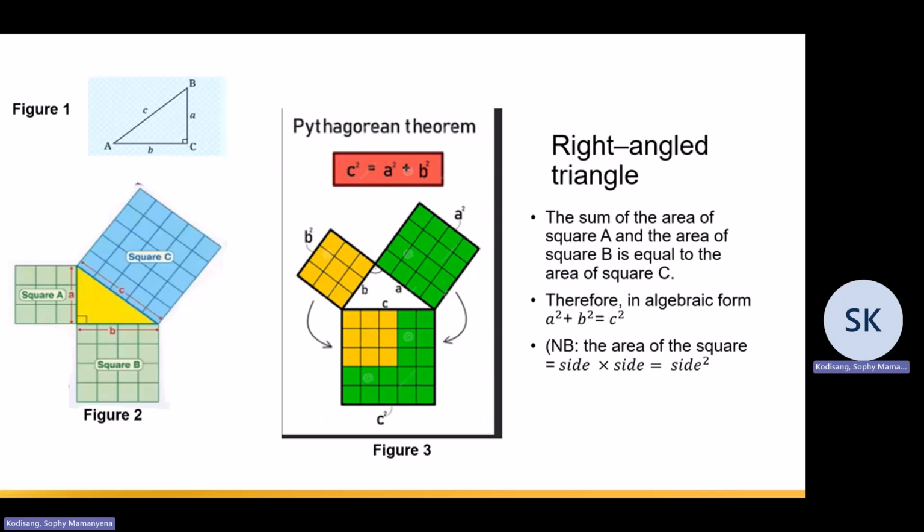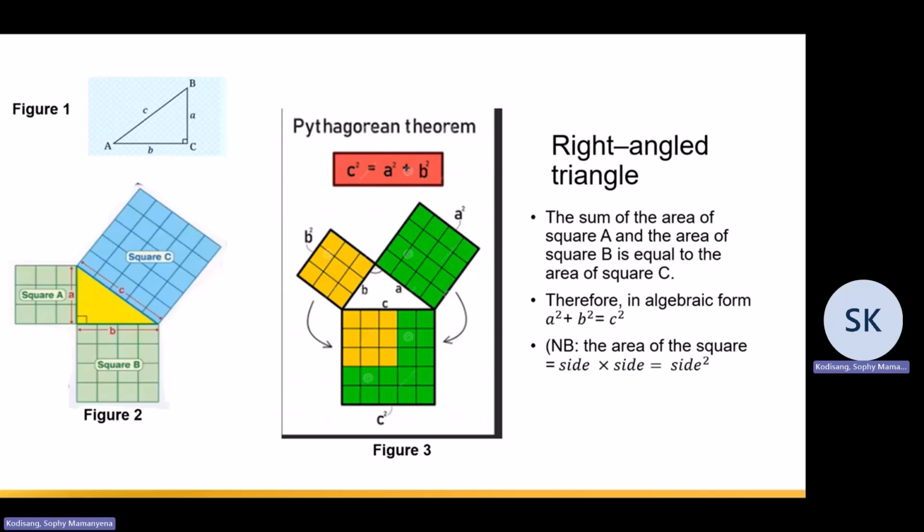In this case, side A, side B, side C. So what Pythagoras did, he introduced the square on each side of a triangle. So when you look at side C, it has 25 squares, right? Side A has 9 squares and side B has 16 squares.